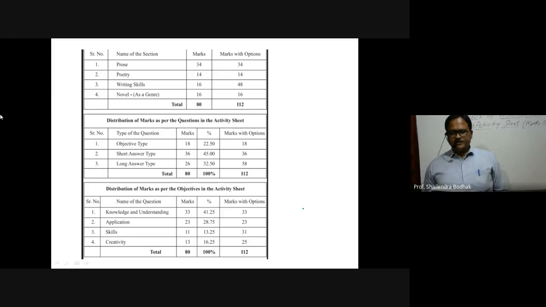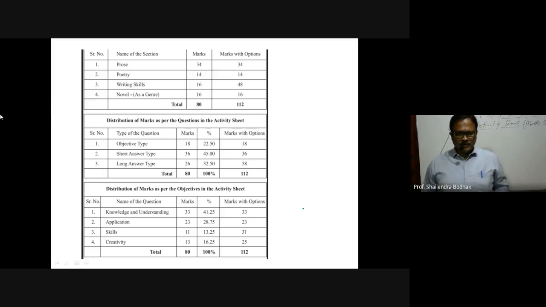Then poetry 2.7, She Walks in Beauty, and 2.8, Small Towns and Rivers. So from prose section, two lessons, and from poetry section, two poems have been omitted. Means those lessons, those poems are not going to come for your boards. But whatever activities are there at the back of the lessons or the poems, that is there for your self study.